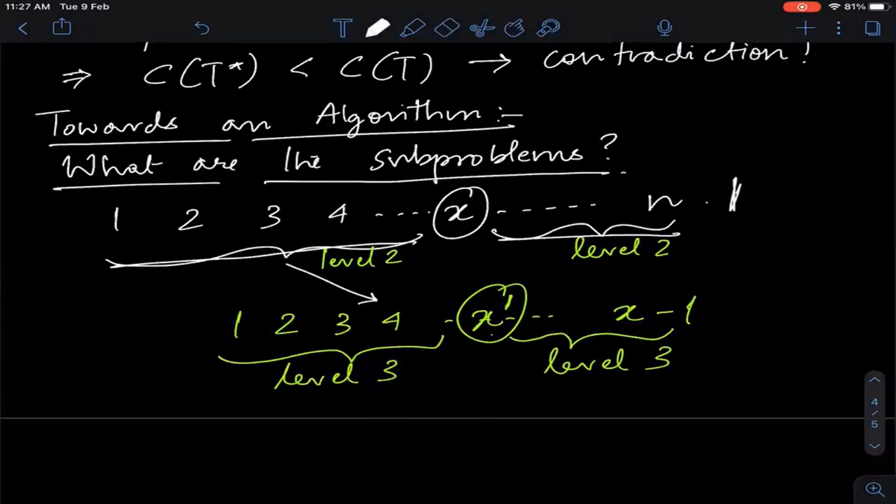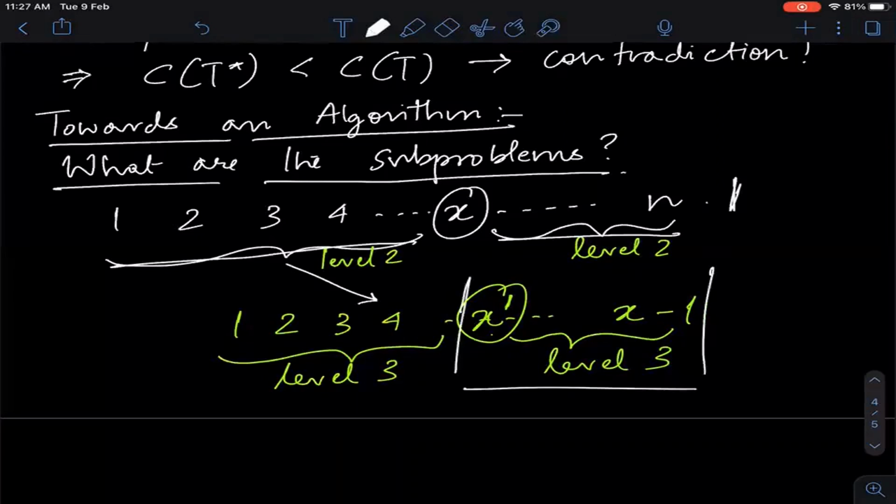Because if you look at level 3, the subproblem you are trying to solve is where the keys are from x prime to x minus 1. This is clearly a subarray of your array. This is neither a prefix nor a suffix. But in order to be able to compute 1 to n, first you need to go down. Yeah, Shruti, I will definitely go over this.